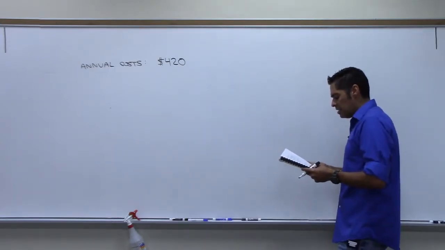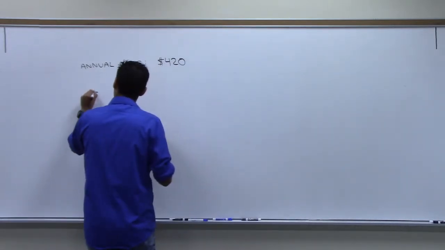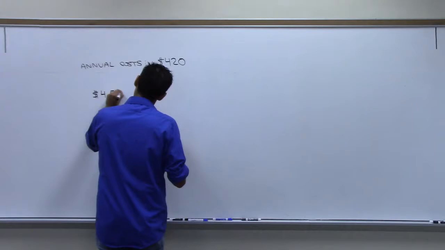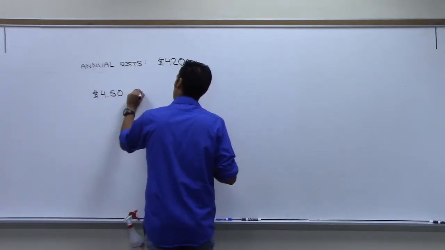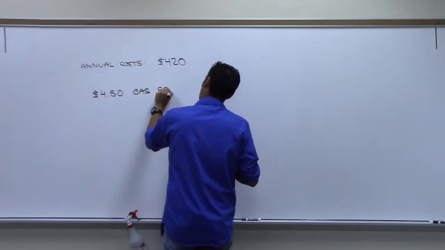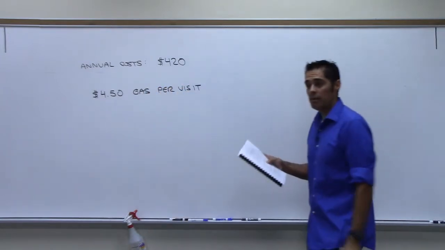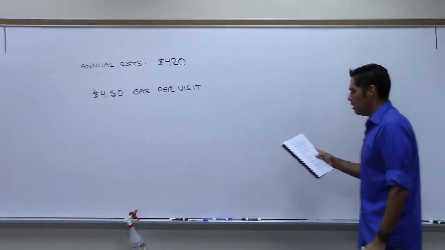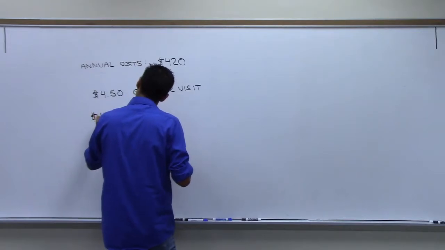On average, he spends $4.50 on gasoline per visit. I guess a visit meaning he's going to go take care of a dog or some dogs. He charges $15 per visit.